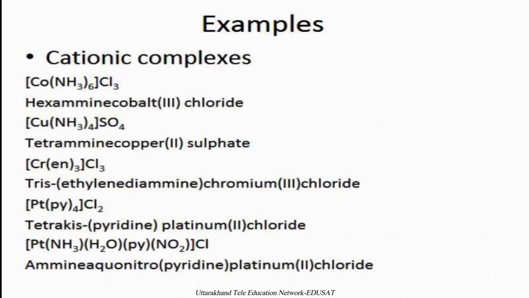Hexaammine, hexa is used for 6. We have 6 ammine molecules. Hexaamminecobalt, 3 is the oxidation state, followed by the cobalt metal ion, and in the last we write the anion, chloride.